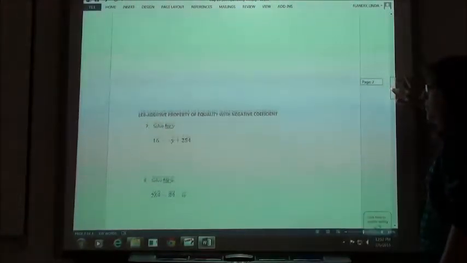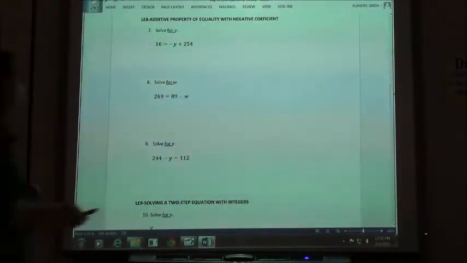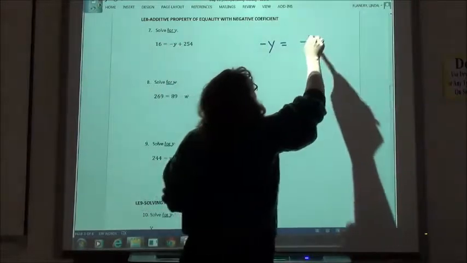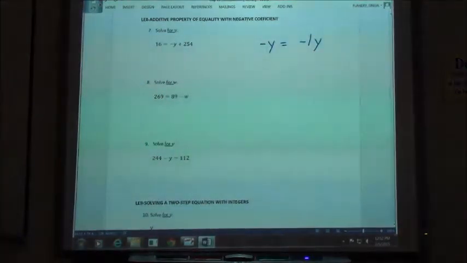Now, the next ones are the ones Rose was stuck on. These are ones where you happen to have that negative coefficient. What we have to remember is that negative y is really equal to negative 1y. We don't put the 1, it's just there, a way of tricking our minds.